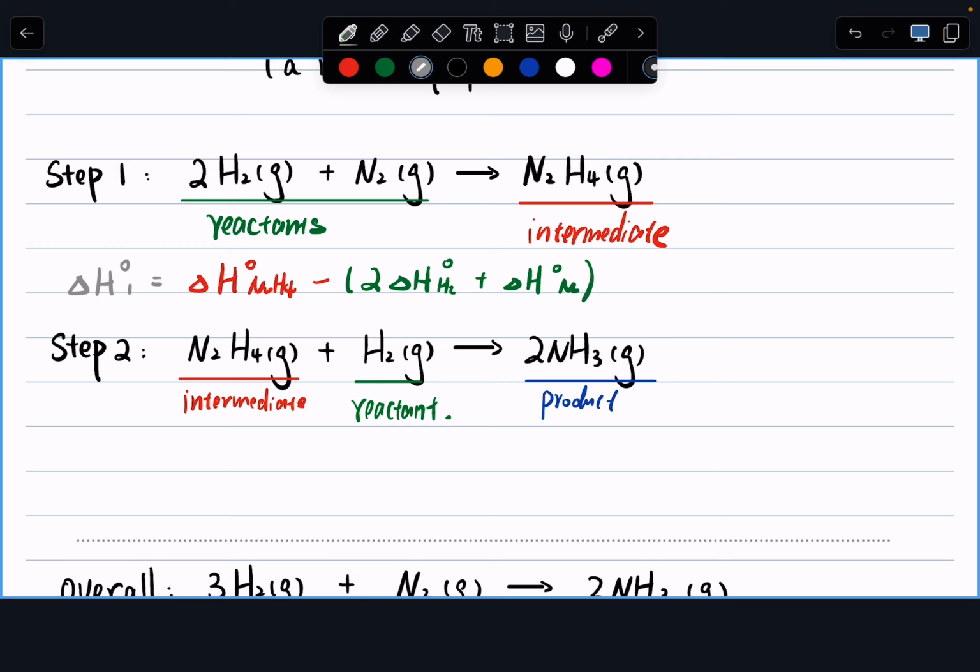And your second, delta H naught 2, equals product minus reactant again, so 2 delta H naught NH3 minus this intermediate and your reactant.